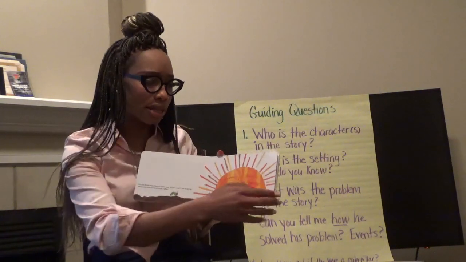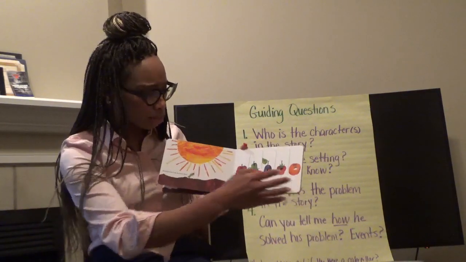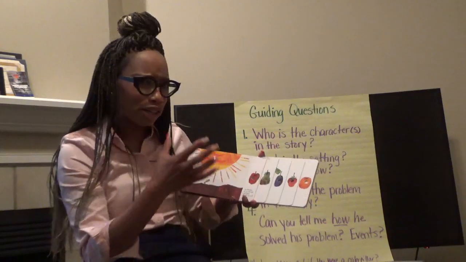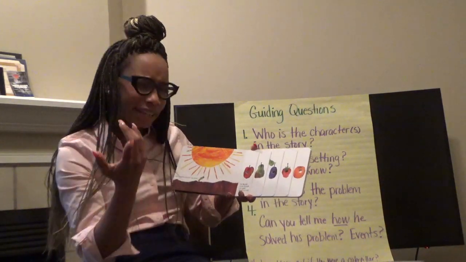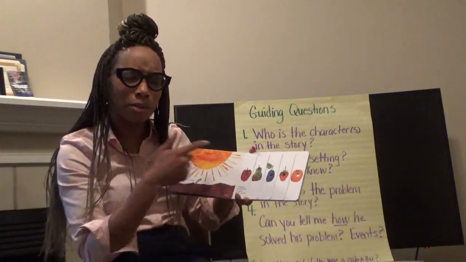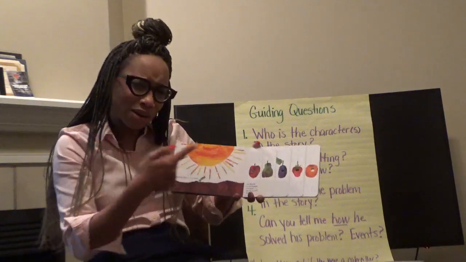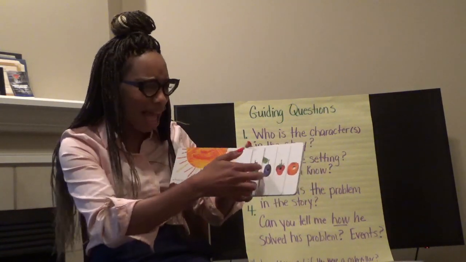So that's what made me think that this was outside. Also, as I was going through the book, I also noticed that there were a bunch of different types of fruits. Well, the caterpillar could have nibbled on the fruit inside the house, but I noticed that there was sun still in the book. So he had to have been outside.